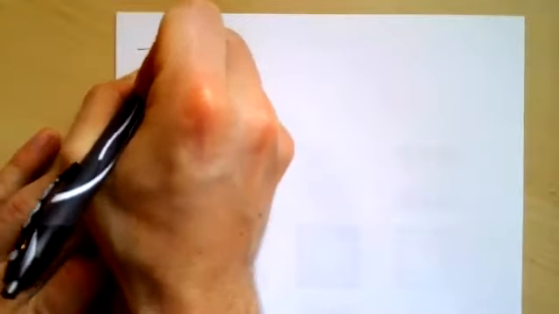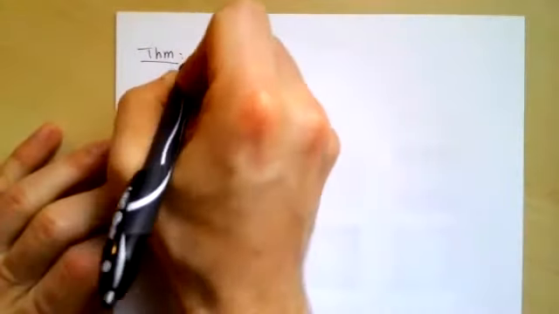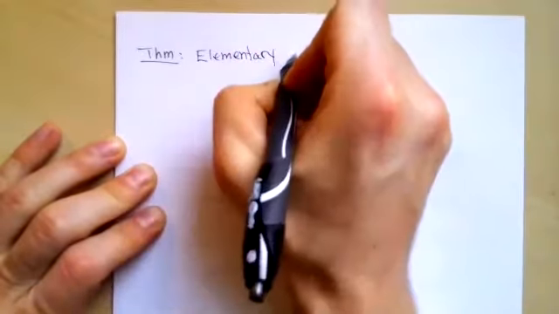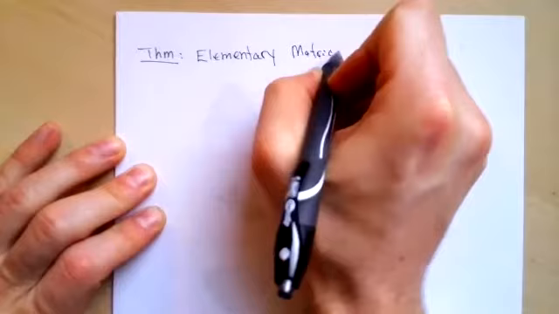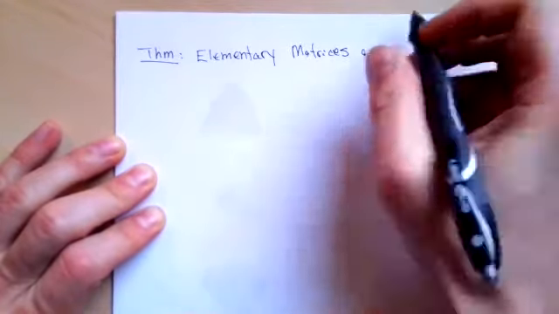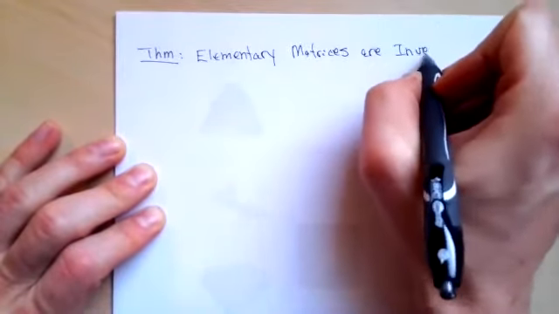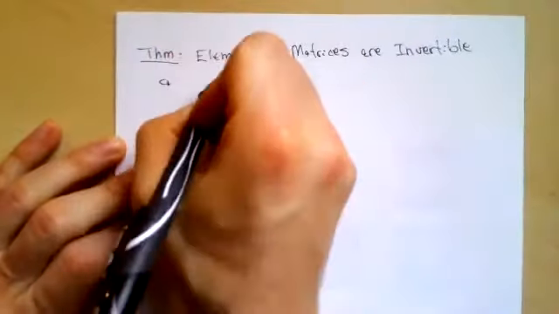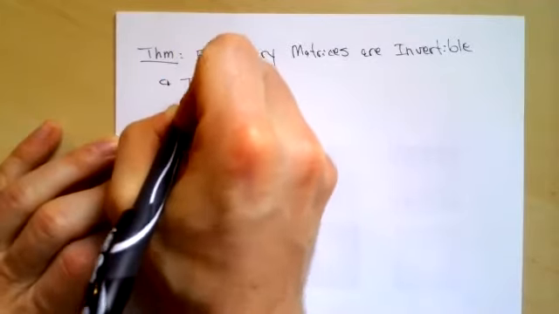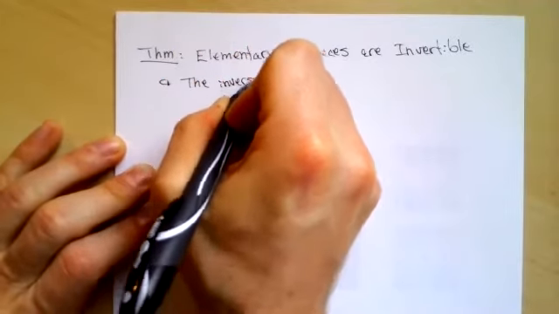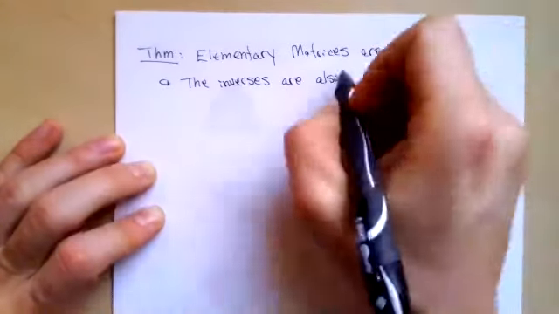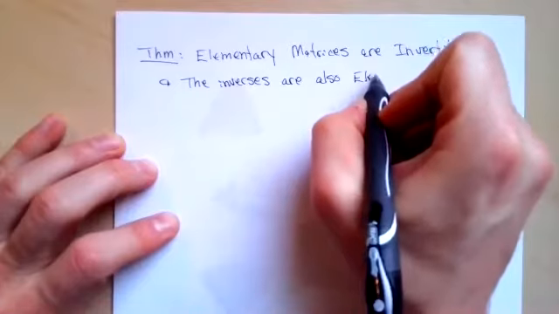So, first theorem is that elementary matrices are invertible and their inverses are also elementary matrices.